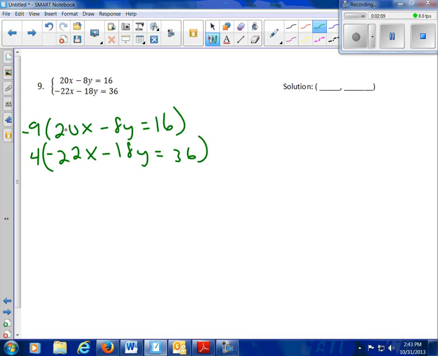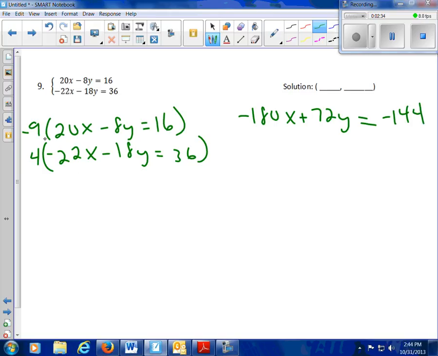Negative 9 times 20 is going to give me negative 180x. And then negative 9 times negative 8 is going to give me positive 72y. And then negative 16 times negative 9 is going to give me 144.